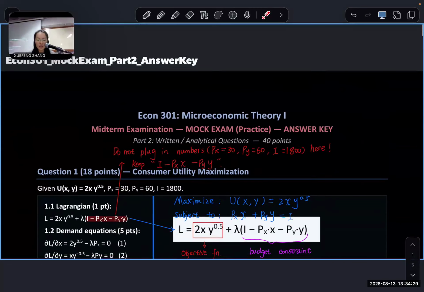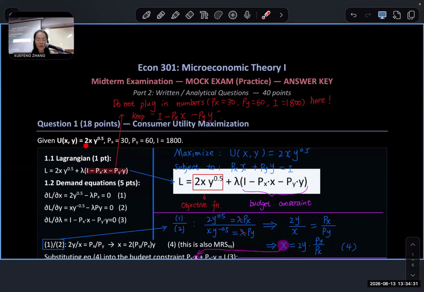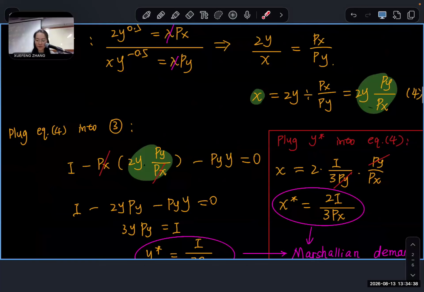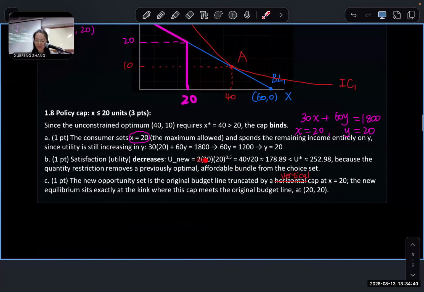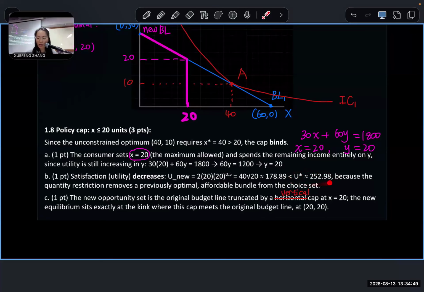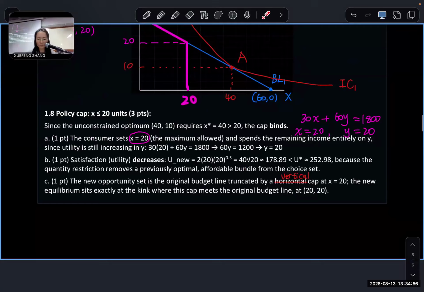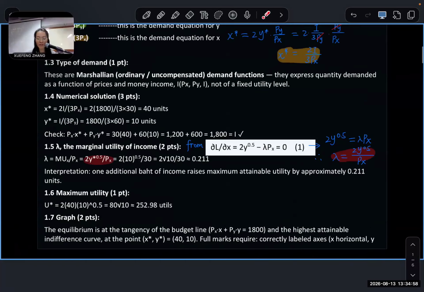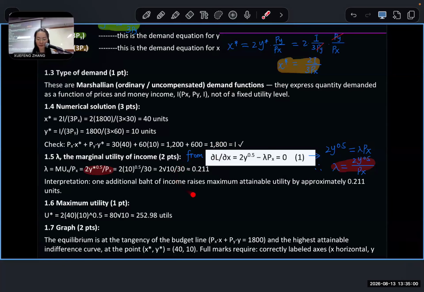Here is the utility function: 2xy to the power half. So right now, x and y become 20. So here you plug in 20, 20, which is approximately 178. But before, our original utility U star is 252 something, right? You got it before.